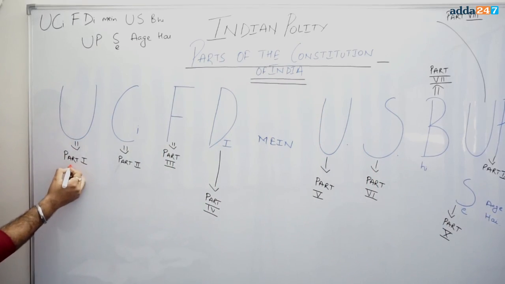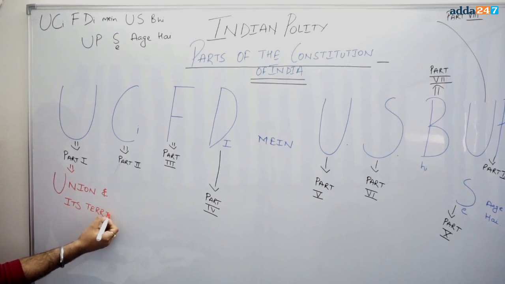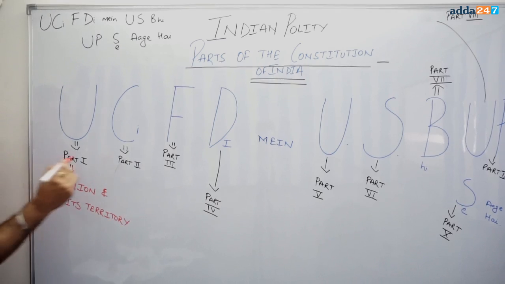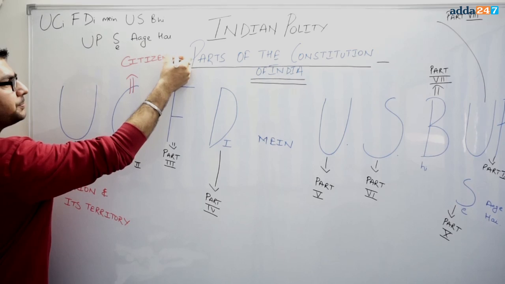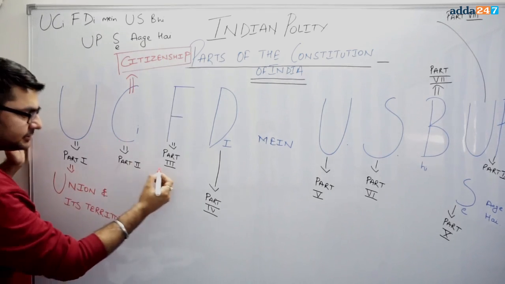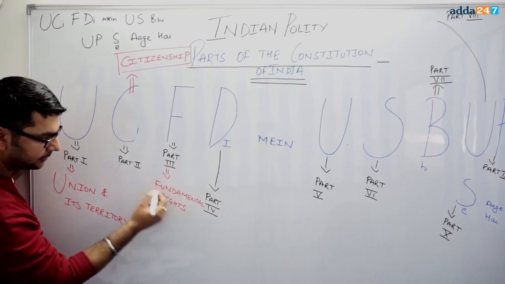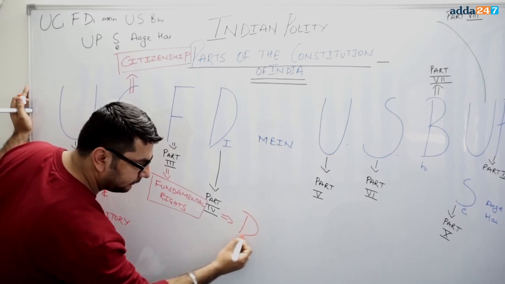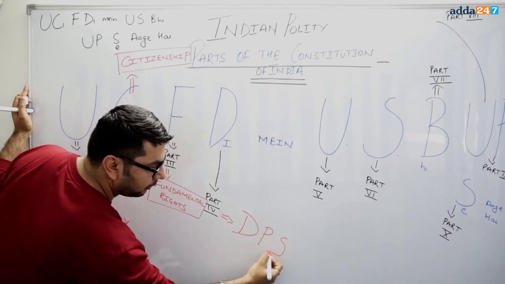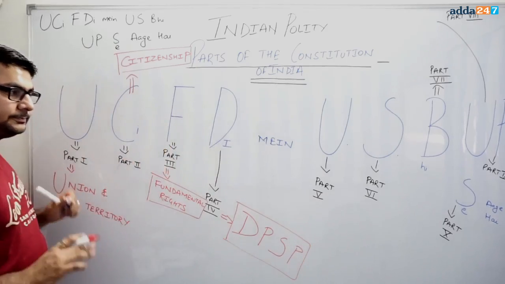The first part, Union and its territory. The second part, C stands for citizenship. F stands for fundamental rights. DI stands for directive principles of state policy, that is DPSPs.